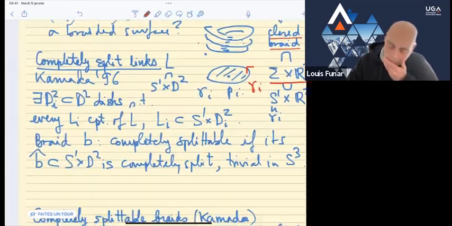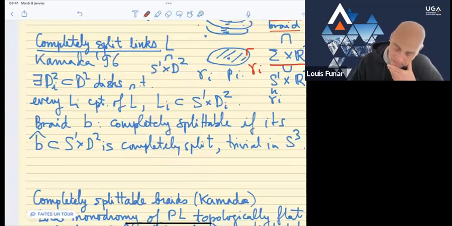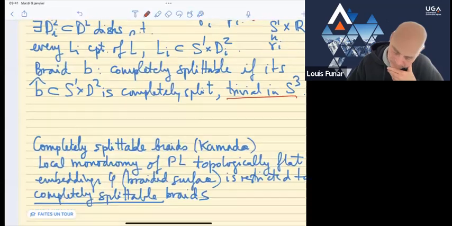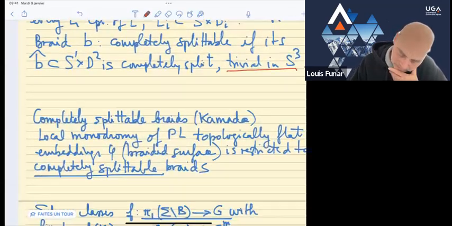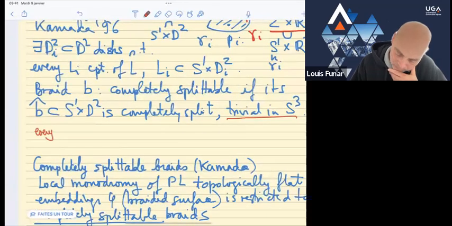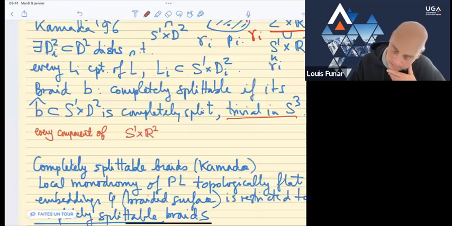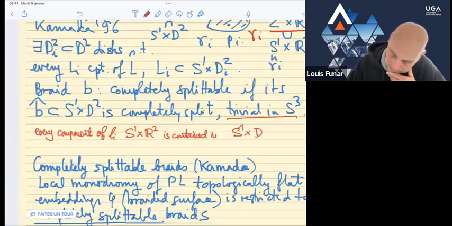And now we call the braid completely splittable if it is already trivial in S3 and every component of the link Li, here in S1 cross D2, is contained in S1 cross Dij, here is a disk, such that the Dij are disjoint disks.